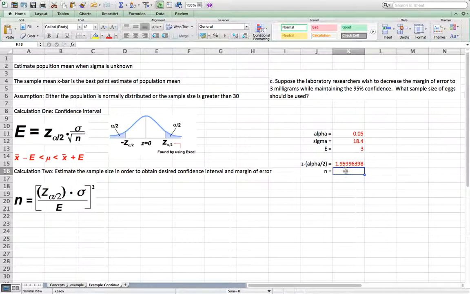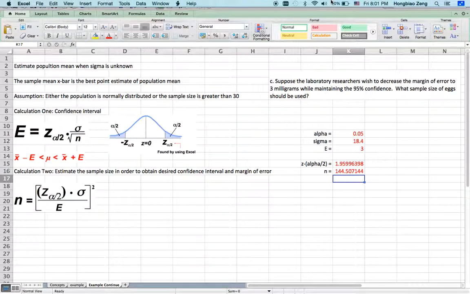Okay, I got this z-score. Then n simply equals the z-score, which is in K15, multiplied by sigma, which is in K12, then divided by the margin of error, which is in K13, and the whole thing squared. So this gives me 146. If you have any questions, please send me an email.